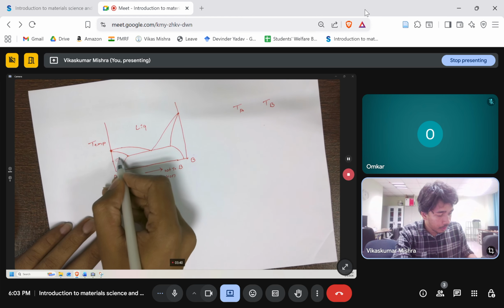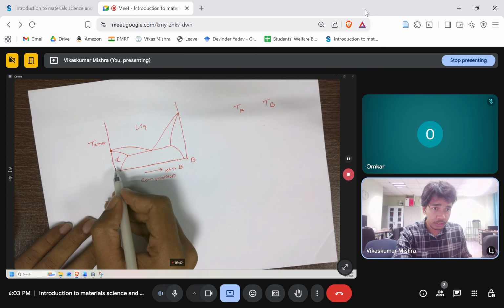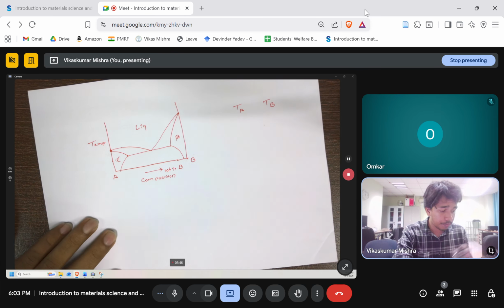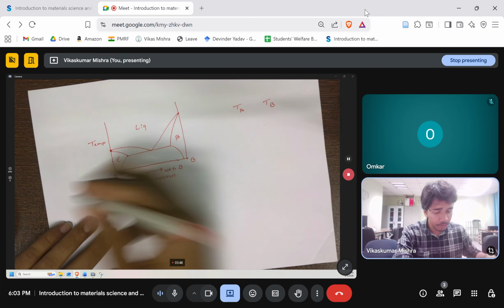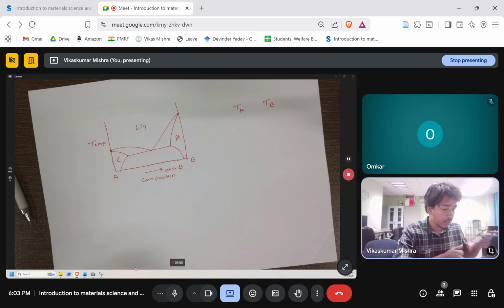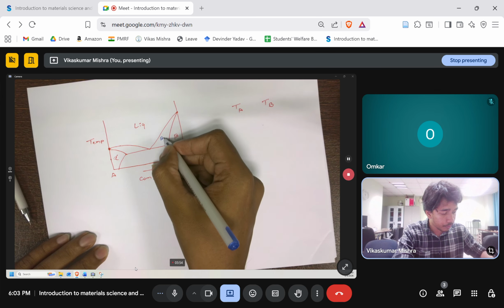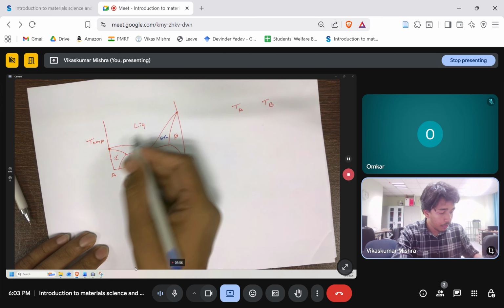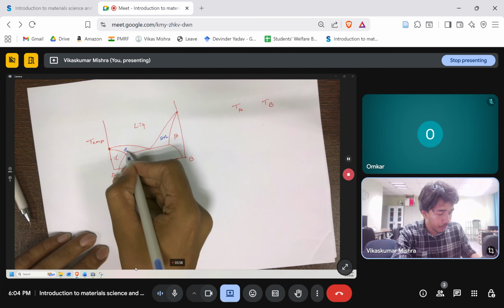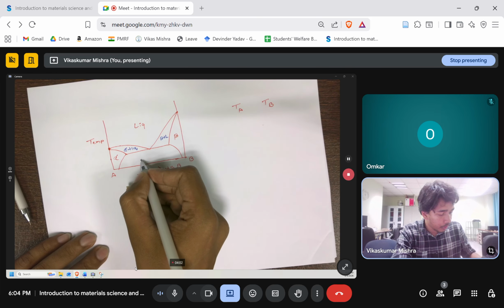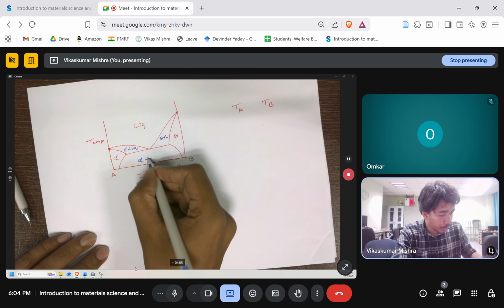Let's say the phase which is rich in A is alpha, and the phase which is rich in B is beta. In between liquid and beta, we'll get beta plus liquid. In between alpha and liquid, we'll get alpha plus liquid. And here, it will be the mixture of alpha plus beta.